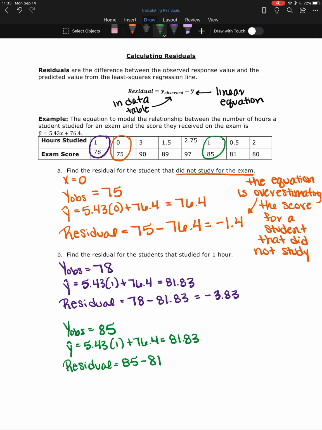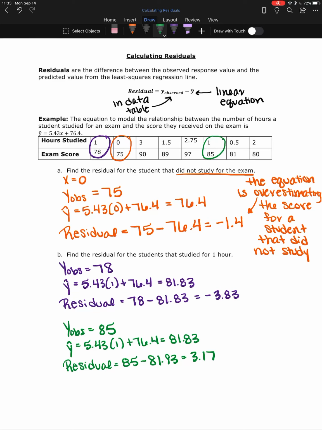Their residual here is 85 minus 81.83. That's a positive 3.17. This student did better than what we saw from the prediction.